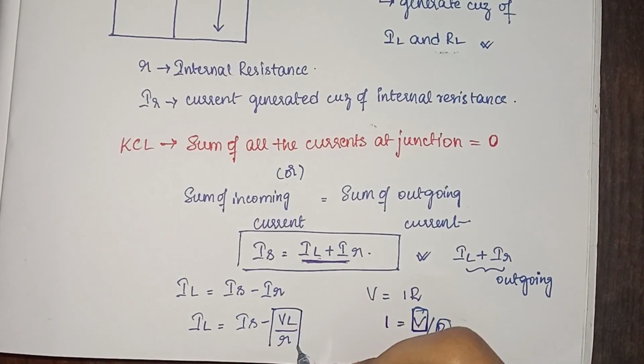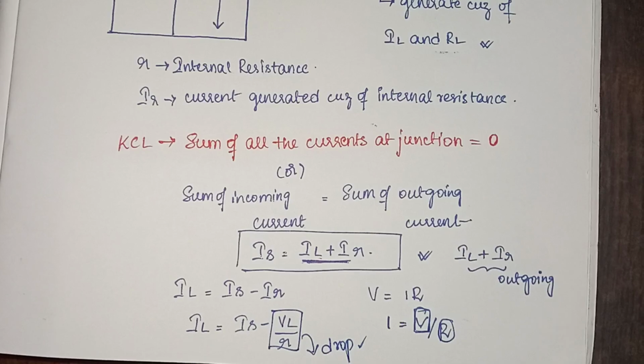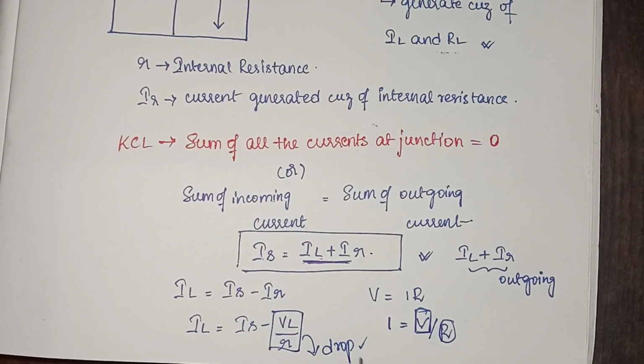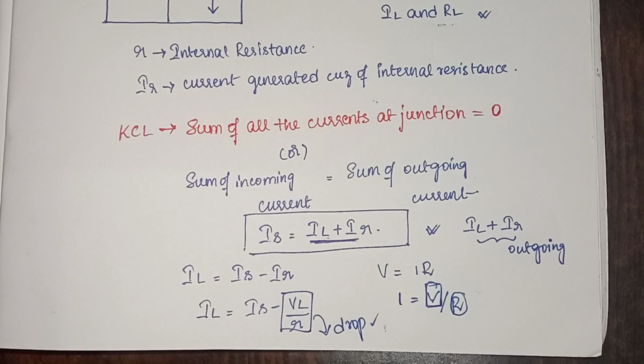So this particular part will be our drop value. This is how we generate this equation by using Kirchhoff's current law.